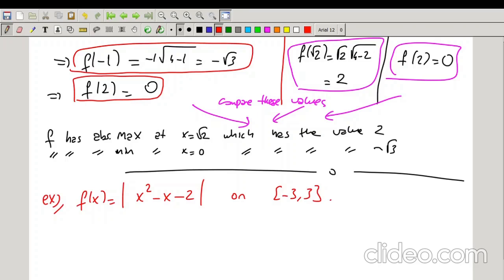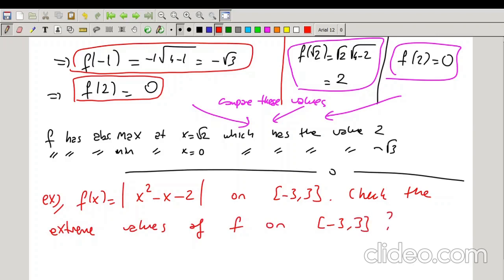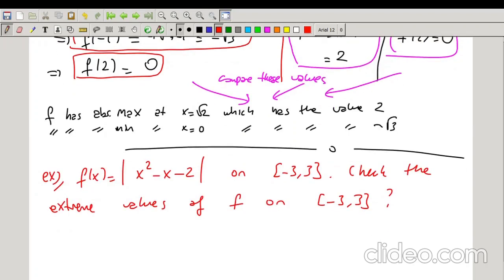Decide or check the extreme values of f on minus square root of 3 and 3. So this is a nice question. If you check previous year exam questions, you can find easily absolute value questions where we ask the absolute extreme values of the function.